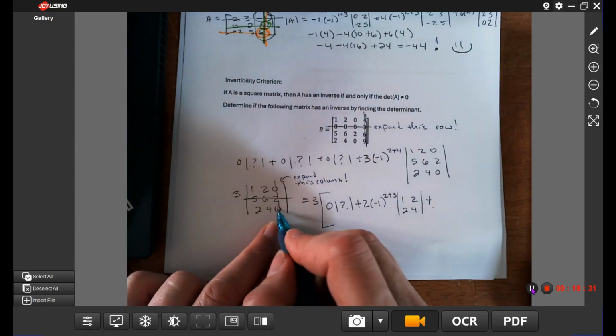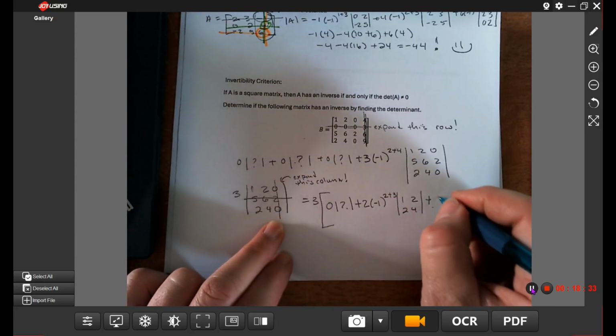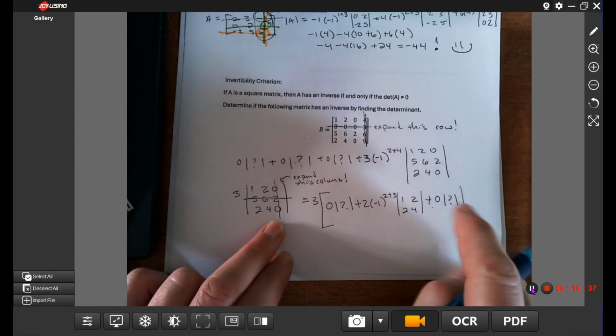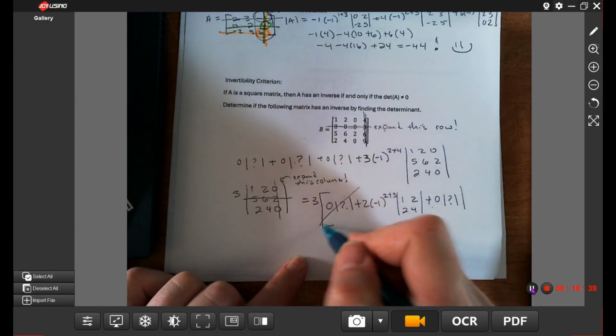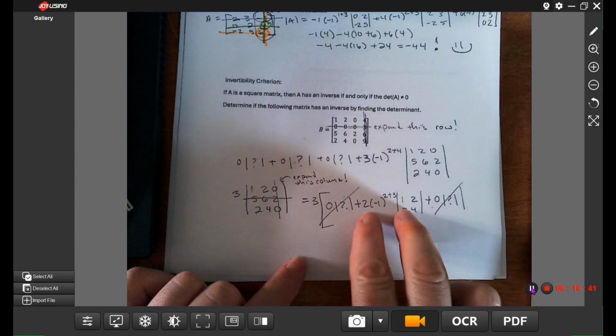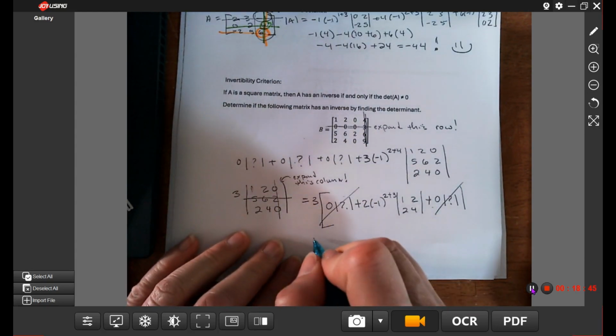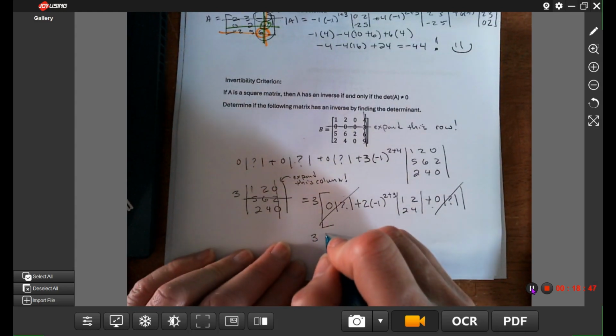Then I've got one more entry in this column, which is 0 times the matrix determinant, which doesn't matter because I'm going to get a 0. So my answer is going to be this, and don't forget the 3 in front.